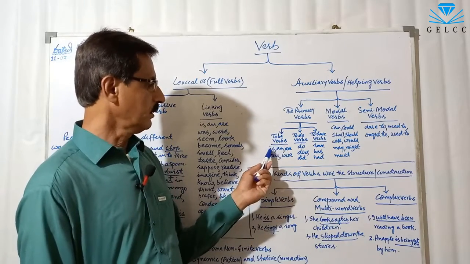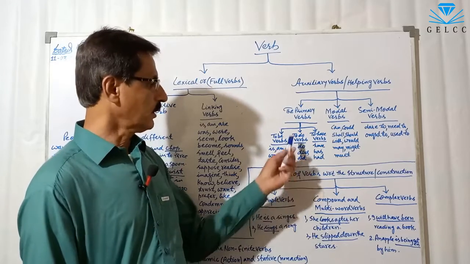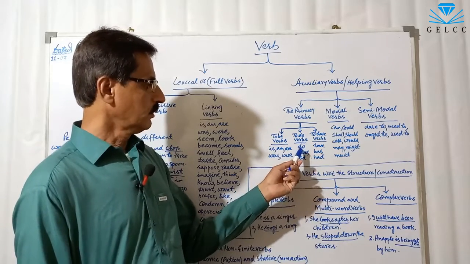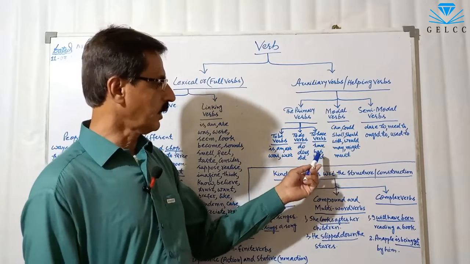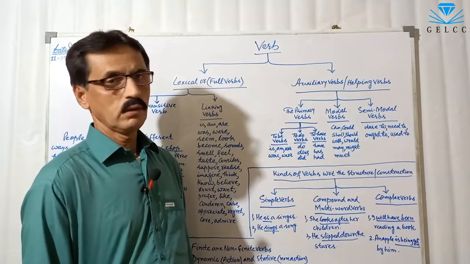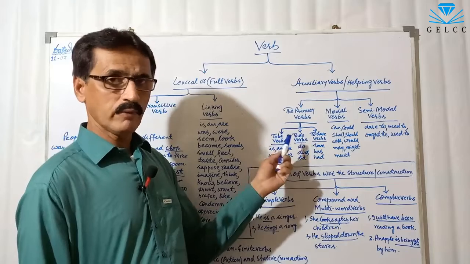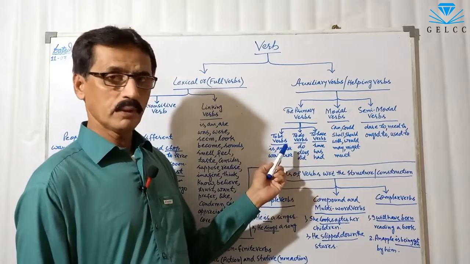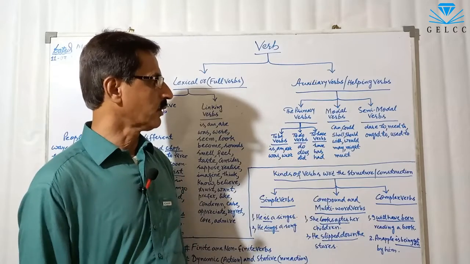To be verbs are is, am, are, was, were. These are to be verbs. And to do verbs are do, does, did. To have verbs are have, has, had. These are to have verbs.